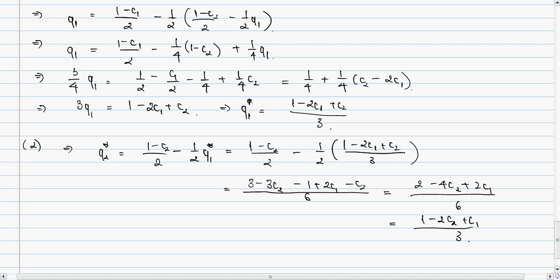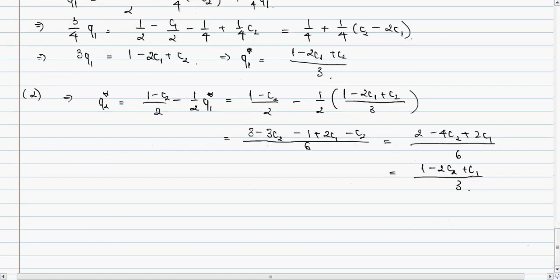Okay, so this is the quantity going to be produced by firm 2 in order to maximize the profit of firm 2. What is the total quantity in the market? So the big Q, I'll call it big Q star, which is equal to small q1 star plus small q2 star.